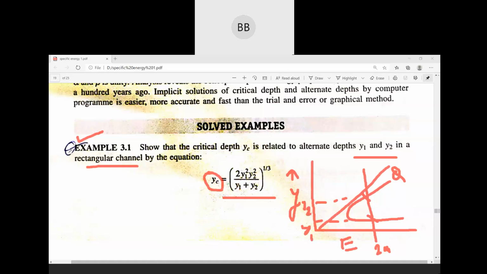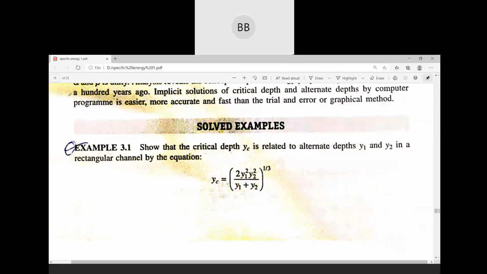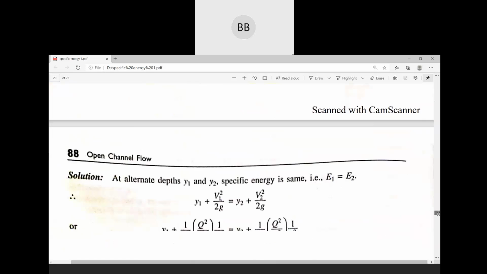In this question, what they have given is that we have two alternate depths, that means the same specific energy, and then for that rectangular channel we have to prove this expression: y_c is equal to (2 y1^2 y2^2 / (y1 + y2)) to the power 1/3. So then let's proceed to the solution.